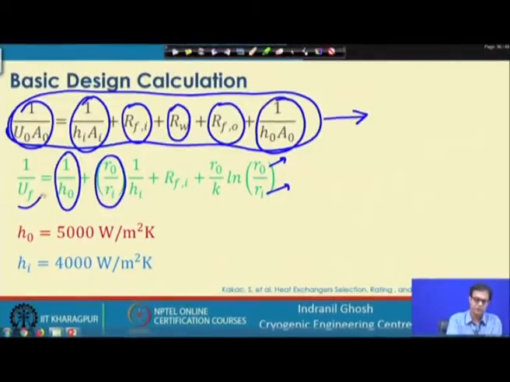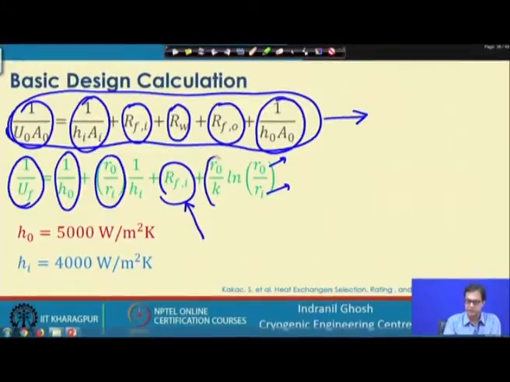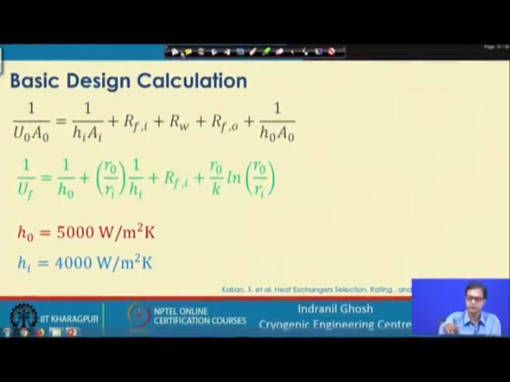This is defined in terms of the external heat transfer area. This is what is called the fouling resistance. This is already given. This takes account of the heat transfer resistance offered by the wall of the tube.